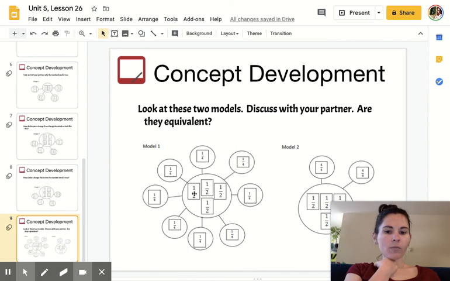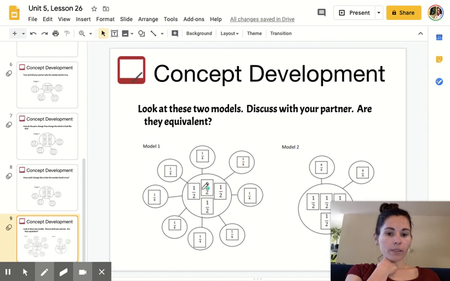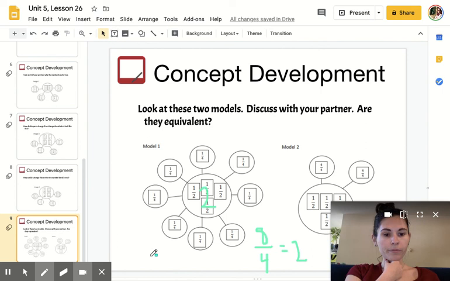I could say 1/2, 1/2, 1/2, 1/2, which we said is the equivalent of 2 wholes, equals 1/4, 2/4, 3/4, 4/4, 5/4, 6/4, 7/4, 8/4. Is this true? Does 8/4 equal 2 wholes? Exactly, it does. So this number bond is true.